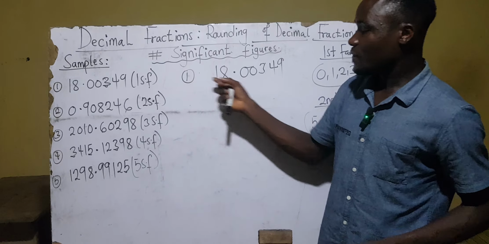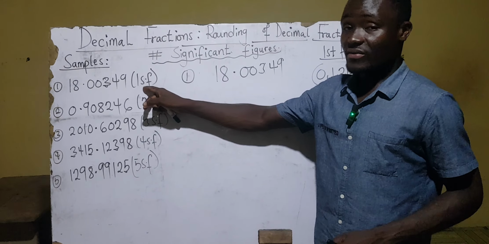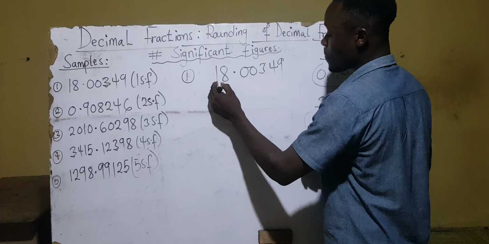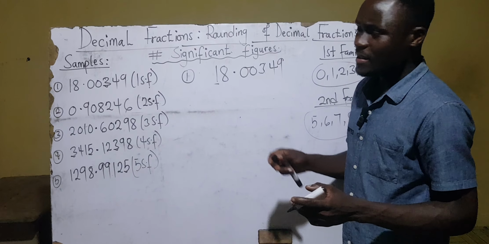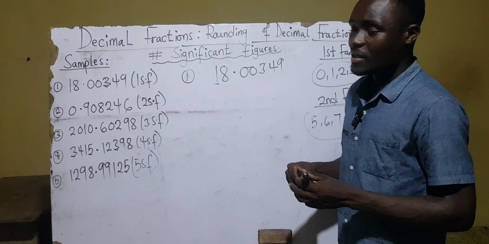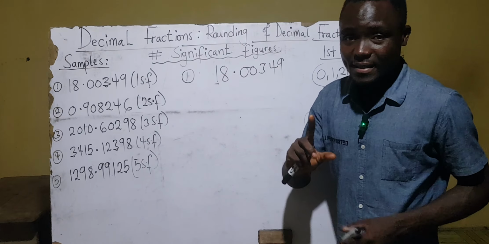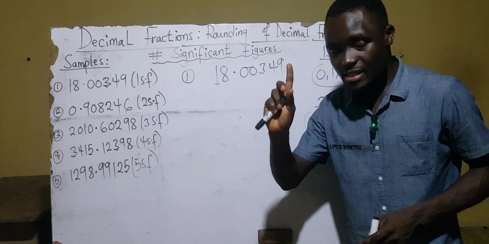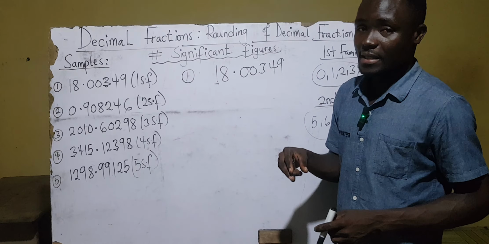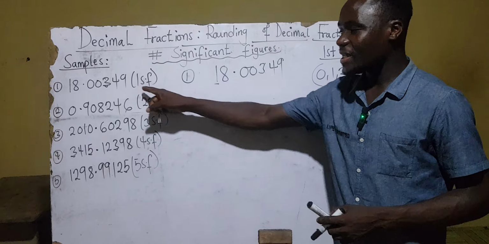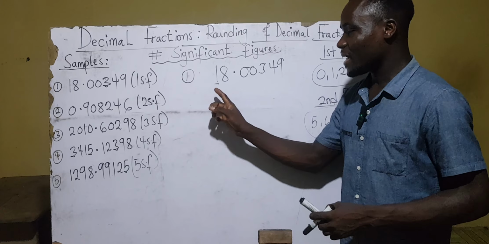So the question is, which of these digits lies within the one significant place? It is the digit one here. I believe you get that. It is the digit one, because that one is the first significant place. It lies within the first significant place. Have it in mind that it is not because here is one significant place. That's why we are saying that this one lies.